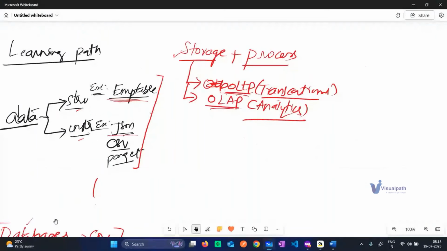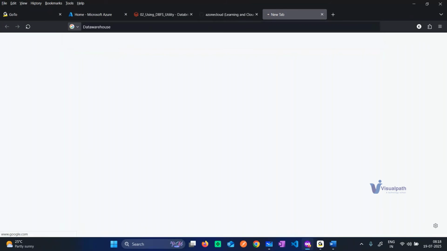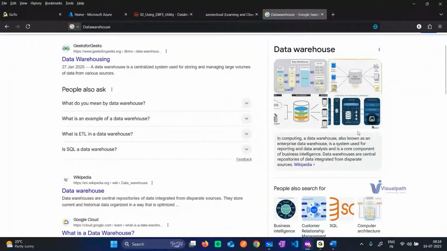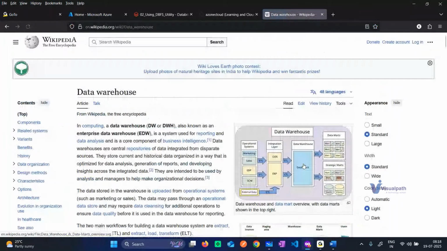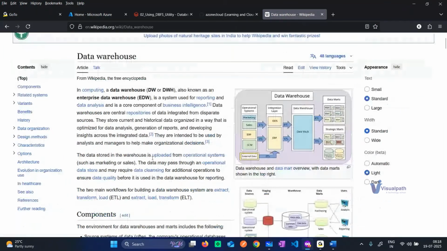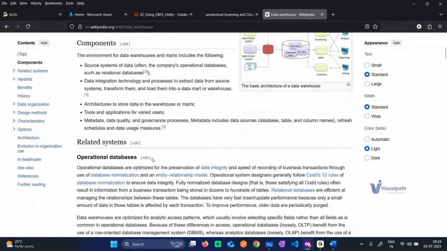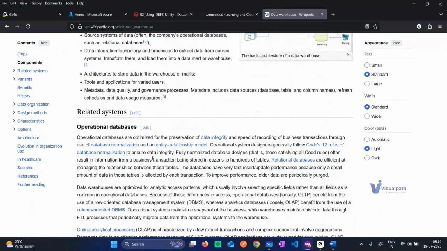Now that you have decided to use only analytics, if you go ahead and search on the internet, if you are very new to data warehouses and not from a data warehouse background, you will see data warehouse. Even if you do a Wikipedia search, you will slowly realize that these databases have been designed to handle only structured data.